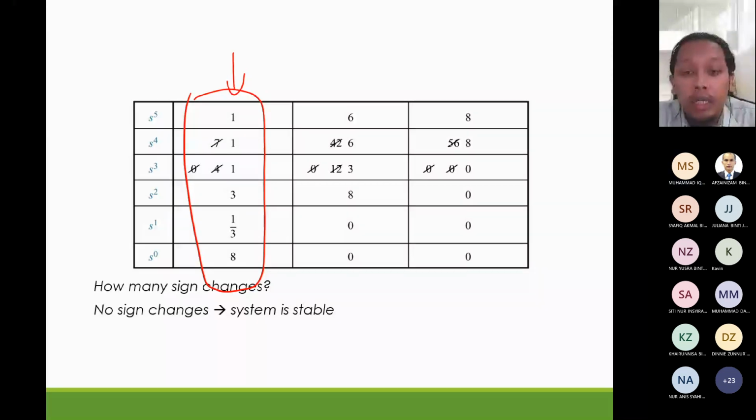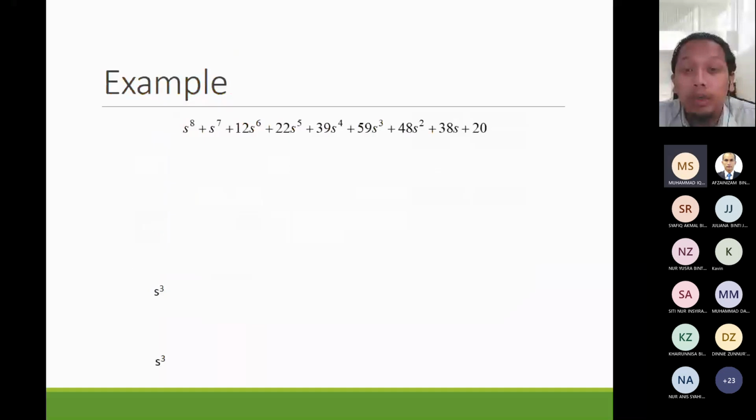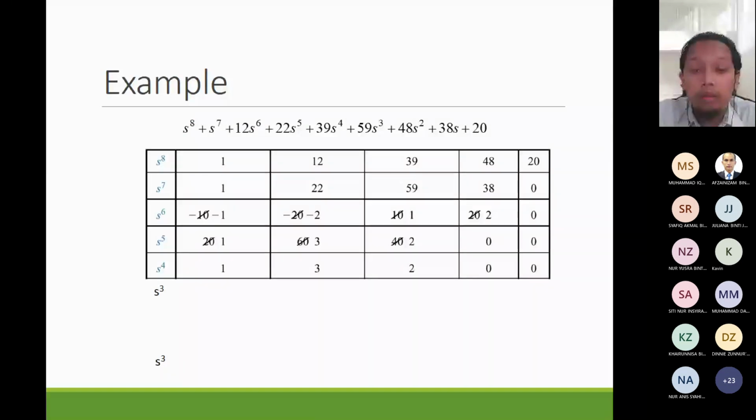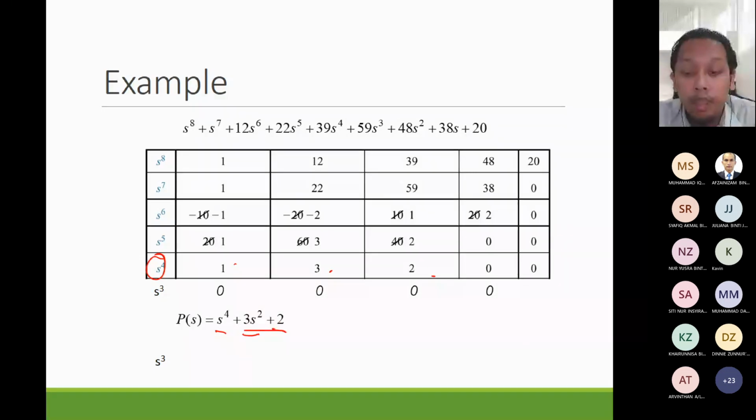Okay, let's look at another example. So let's say you are given this polynomial, and then we generate the Routh table. And then here we encounter 0 in the row S3. So what we need to do is we look at row S4 and generate a new polynomial P(s). So 1 S power of 4 plus 3 S power of 2 plus 2. Okay, and then differentiate.